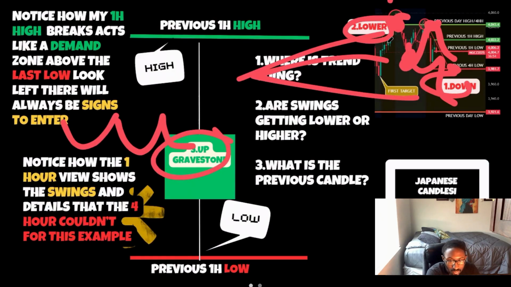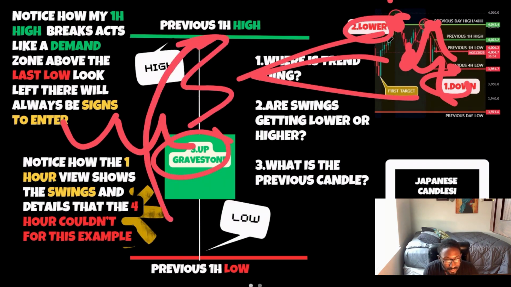An up gravestone. The previous hour candle was an up gravestone, which let us know this candle is most likely to be saying, yeah, it's probably about to go down more, because that was once a 100% bullish candle that closed 20% bullish, 80% bearish.